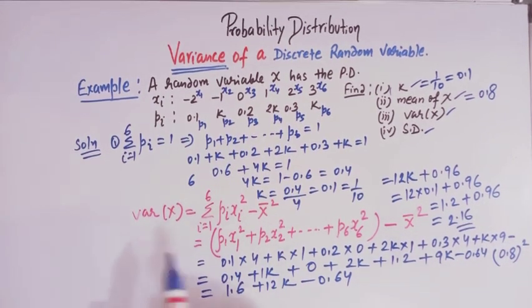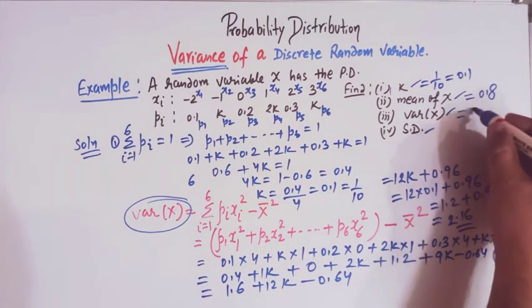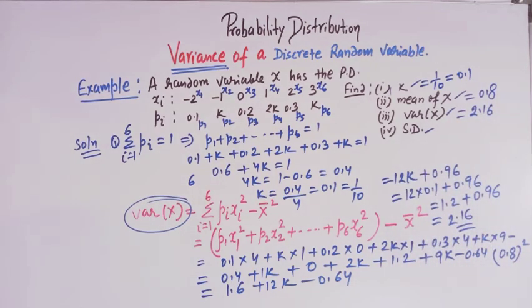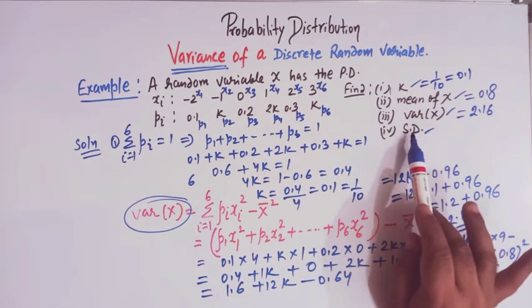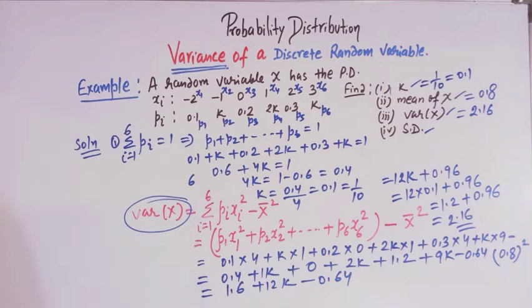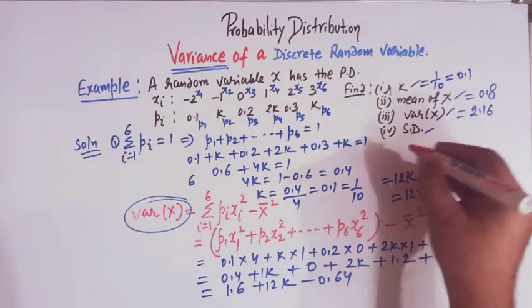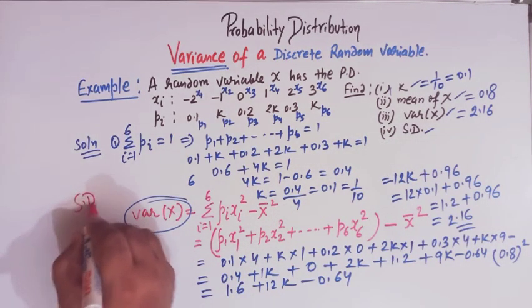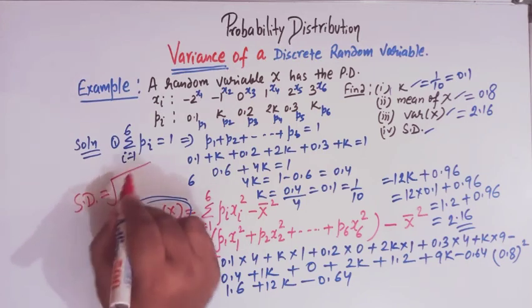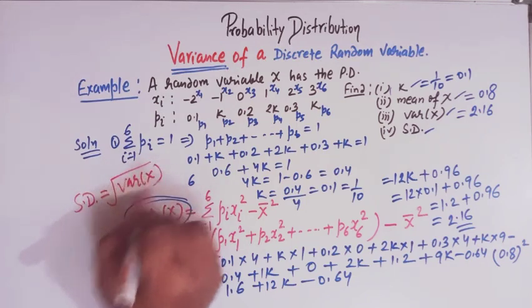So the value of the variance of x is 2.16, right? Now our next step is to find the standard deviation, and we know that the standard deviation is the square root of variance of x, right?